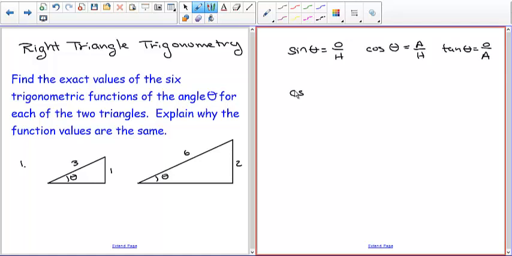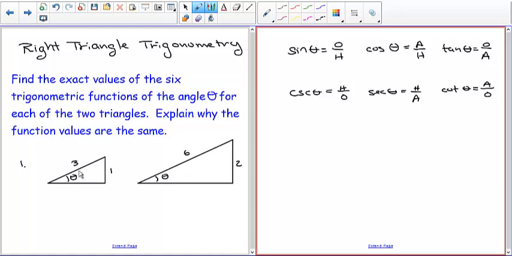The cosecant of theta is the hypotenuse over opposite. The secant of theta is hypotenuse over adjacent. And the cotangent is the adjacent over the opposite. So you can see how these are just reciprocals of each other.